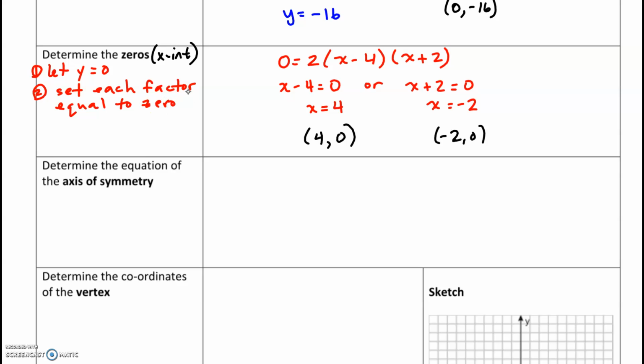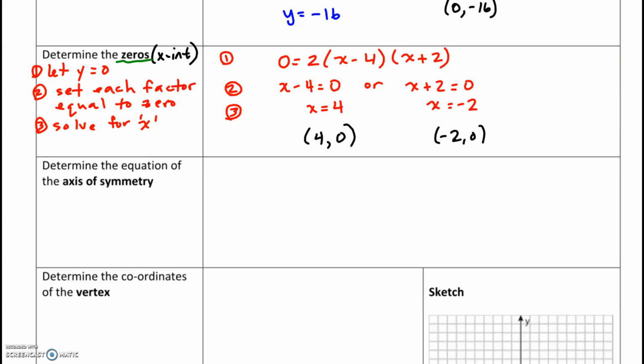Okay, so if I was writing my steps, this line was step 1 and this line was step 2. Once you do step 2, step 3 is solve for x, just like we did in grade 9. Okay, and that was step 3. So every time you're asked to find the zeros, these are the steps that you're going to do. Okay, the zeros of a quadratic. All right, let's go on to the next one.